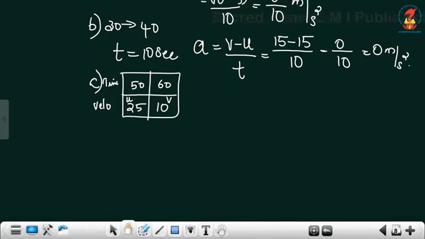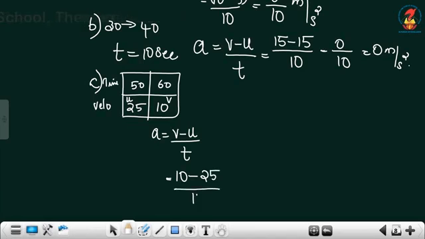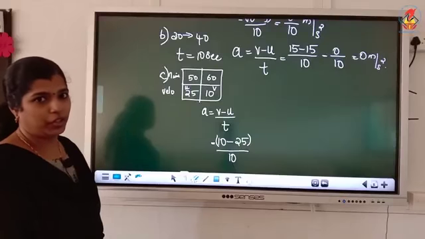So now the equation a equals (v minus u) by t, where v is 10, so (10 minus 25) divided by 10. Why am I putting a bracket there? First you do the subtraction, after that you do the division.